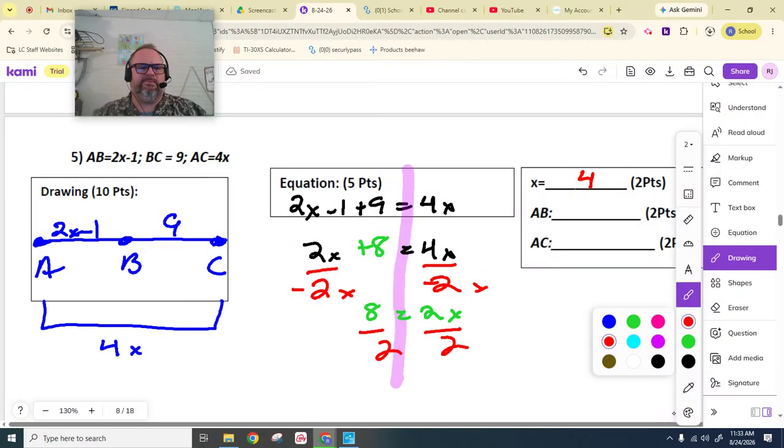Good. So AB, 2 times 4 minus 1, it should be 7. And that would mean that AC would be 16.